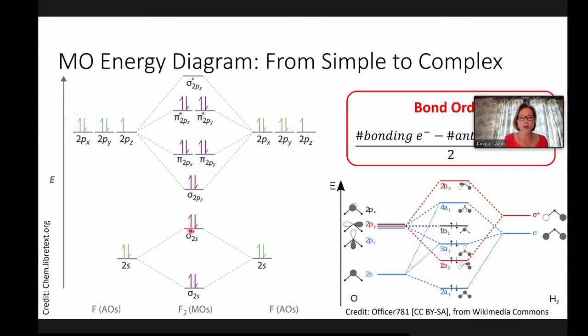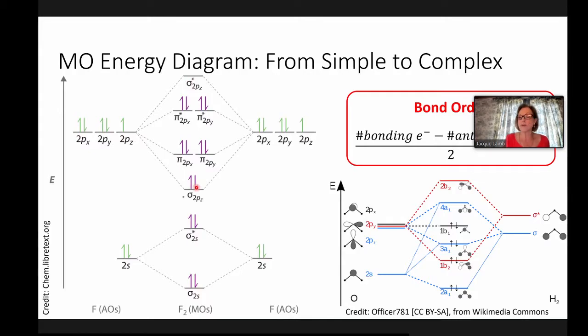When we look at fluorine, when we look at the 2p's up here, we have 5 electrons on either side. We have 2 choices for our bonding orbitals and 2 choices for our anti-bonding orbitals. We have a sigma 2p and we have the 2 pi 2p orbitals. And we have 2 pi star 2p's and we have 1 sigma star 2p. So our 10 electrons will go lowest energy first.